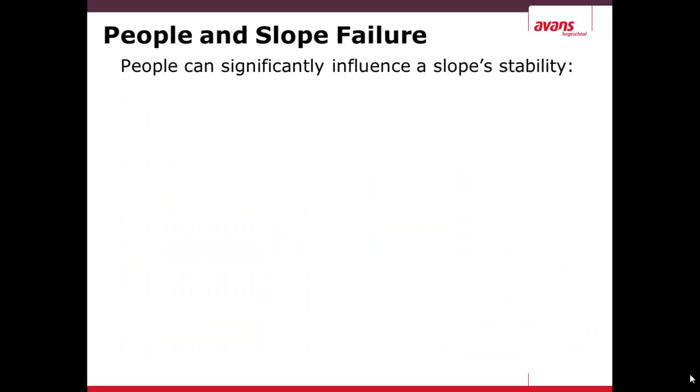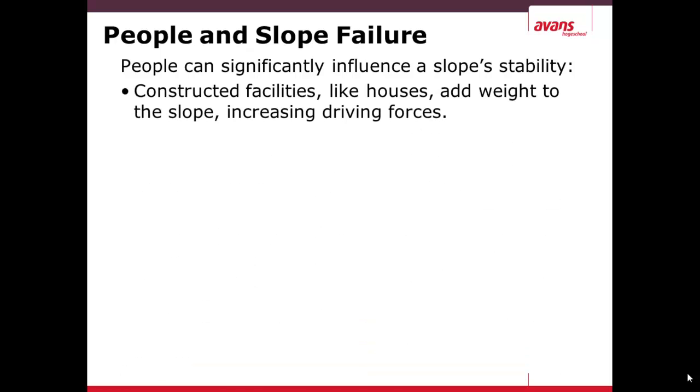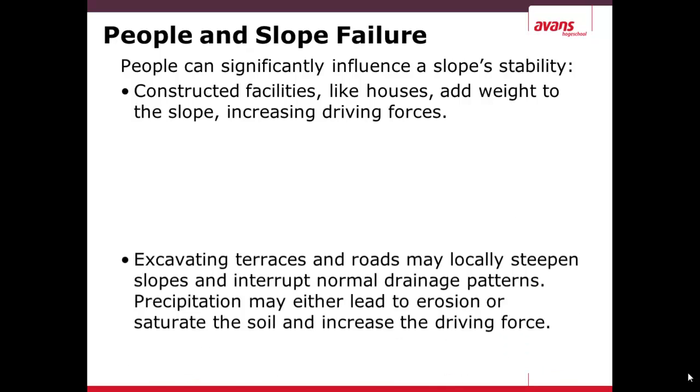People have a significant influence on slope stability. In a negative way, they can construct facilities such as houses, which add weight to the slope and therefore increase the driving force down the slope.